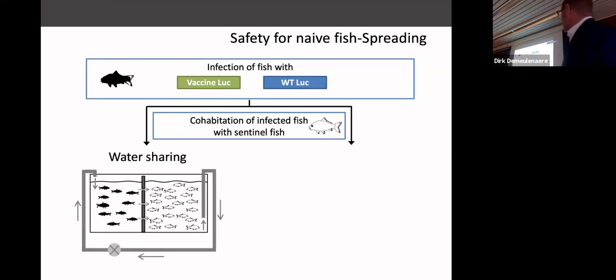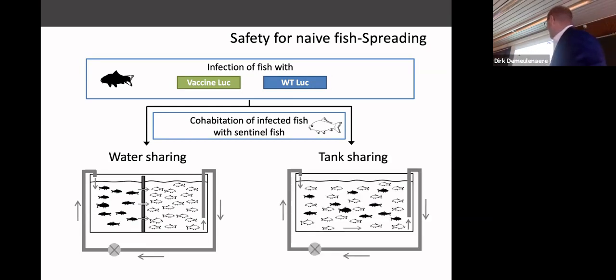And we designed two very simple systems that I nickname water sharing and tank sharing. In the water sharing, the fish that were initially vaccinated or inoculated, the black ones, are upstream of a grid where you find downstream the naive sentinels. And these are the fish that we will analyze from time to time to determine whether they were contaminated by these fish. And in the tank sharing, we mix the black fish and the white fish.